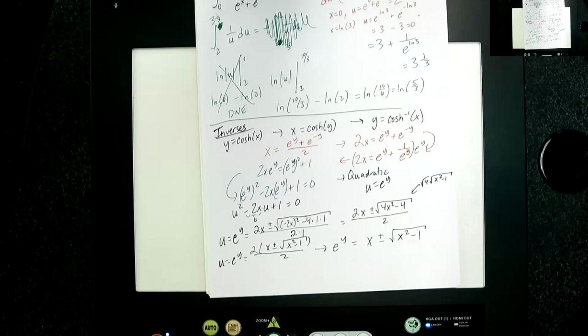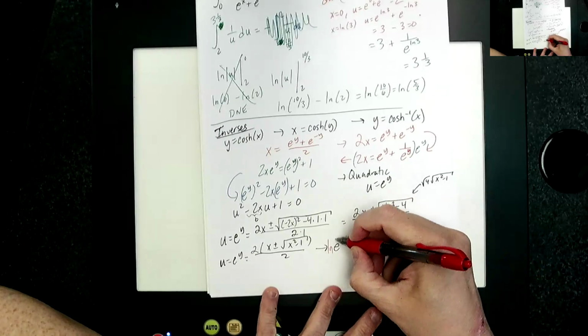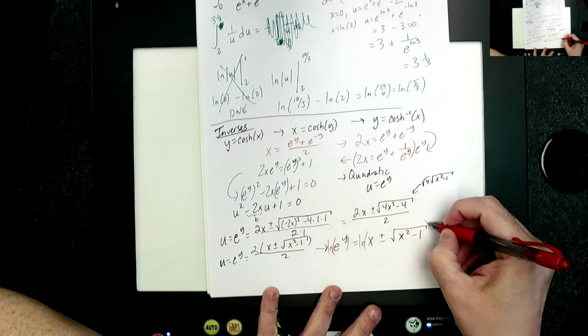How do I get it where it's just y? Take the natural log. I like that. Take the natural log of that one, take the natural log of this one.